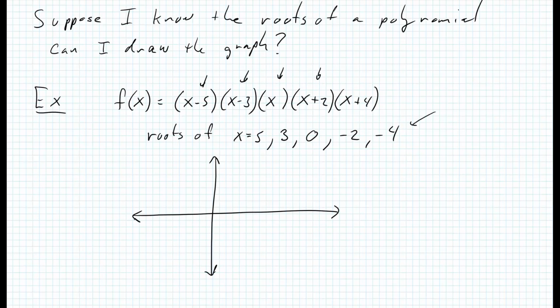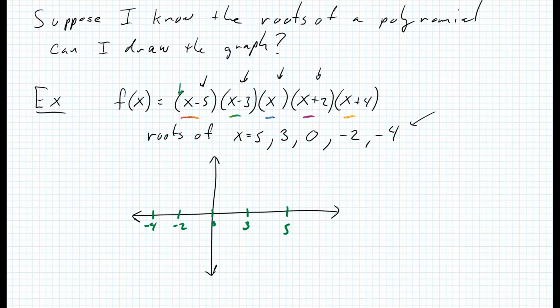I know from this that it crosses the axis at, let's see, I'll draw this in a different color. Let's do green. At minus 4, minus 2, 0, 3, and 5. And what else do I know? Let's see, if I multiplied this all out, since there's x's in 1, 2, 3, 4, 5 terms, it would be a degree 5 polynomial. Everything in front of the x's is positive, so this would be a 5th degree polynomial with positive leading coefficient.